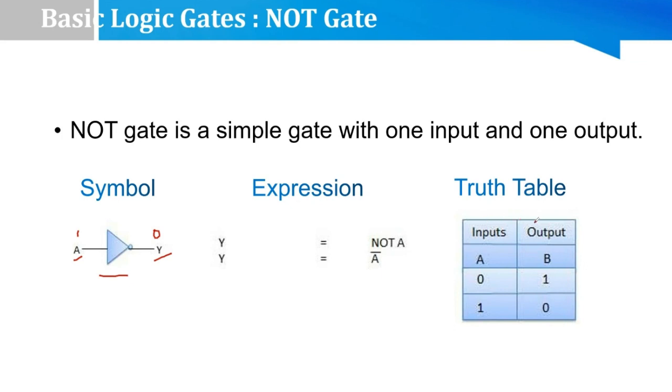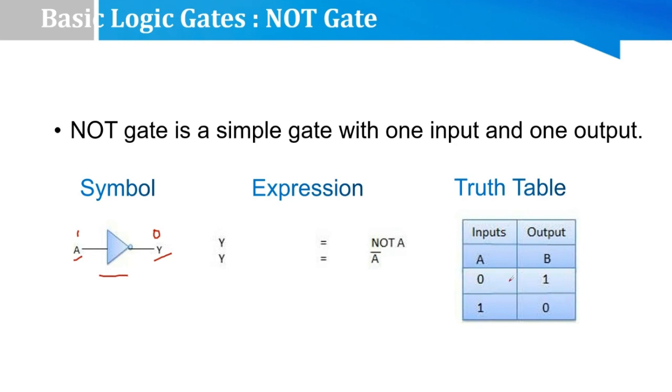The truth table is nothing but it will have the inputs and the outputs. For the inputs you will have the combinations. If you have one input, the possible conditions are either 0 or 1, and with respect to that it will provide the output.